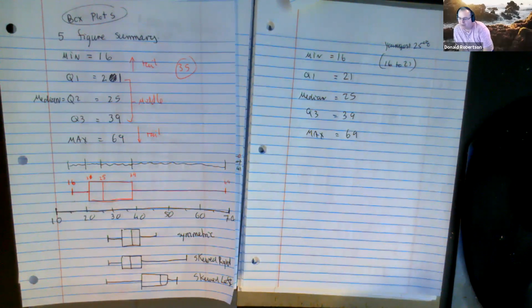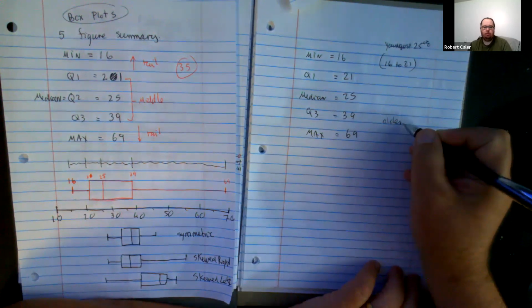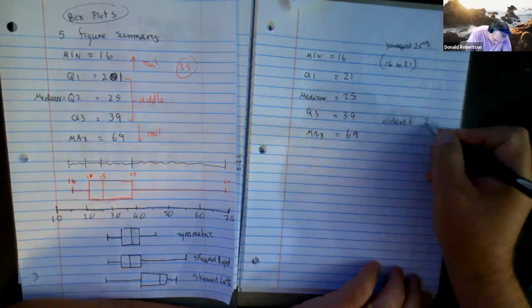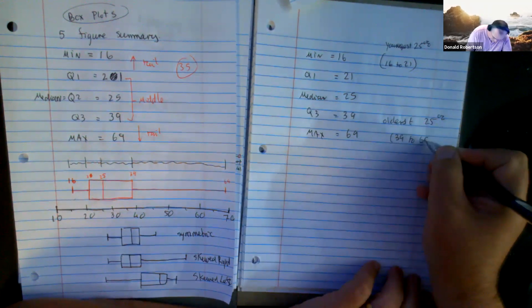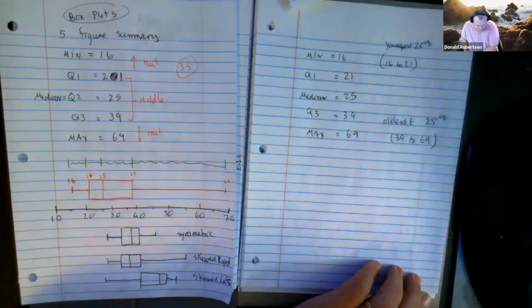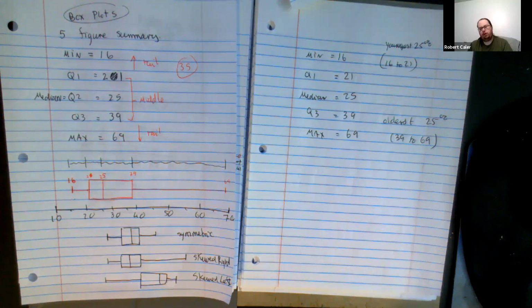What would the age range be for the oldest 1/4? 39 to 69. Correct. What age group would you be in if you were in the middle 50%? 21 to 39. Does that make sense? The middle 50%, which would be that group there.